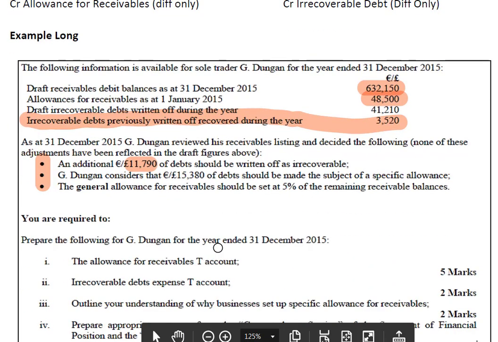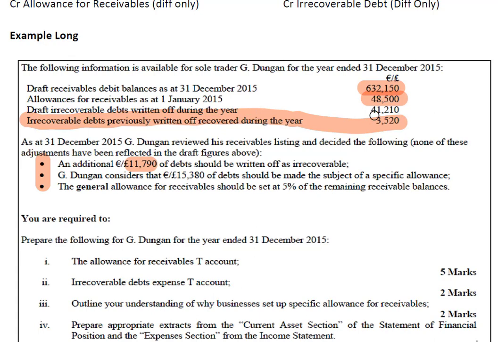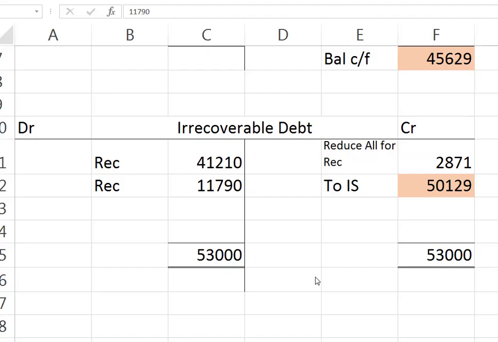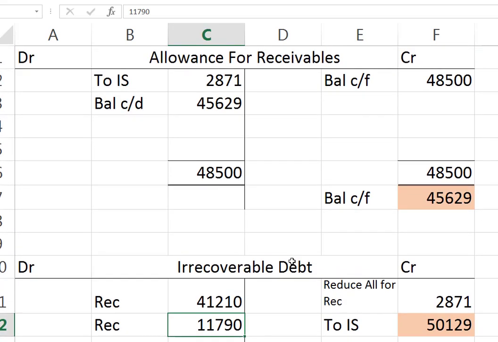Okay, so now again go back to our question. Our question said that we had draft irrecoverable debts written off during the year of 41210, and then that we also had an additional 11,790 of debts then. So with our 11,790 there as well. Okay, we're talking about having some numbers here, and we're going to see these in our extracts in a few minutes.